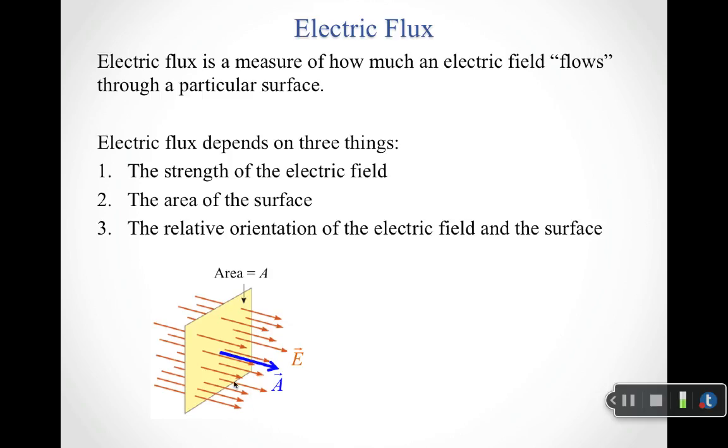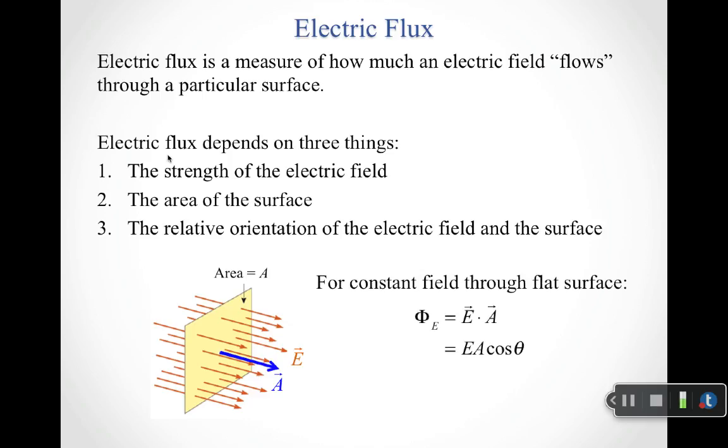You'll notice here that my surface is basically perpendicular to the electric field lines, which is going to maximize the ability of the electric field lines to pierce the surface. So the electric flux, just the same way as the air flux, depends on the strength of the electric field, the area of the surface the electric field is piercing, and the relative orientation between those things.